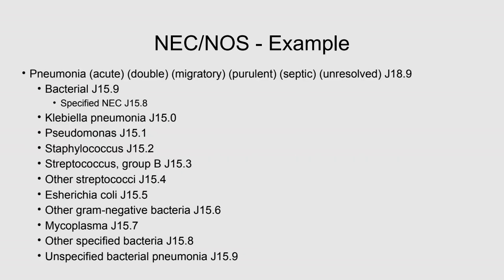So let's look at some more examples of NEC or NOS. A good example of this is the alphabetic index for pneumonia. The default code is J18.9. So if all you have is pneumonia or any of these parenthetical phrases, that's all you have, you use J18.9. Pneumonia, organism unknown: the specific bacteria or virus is not documented in the medical record.